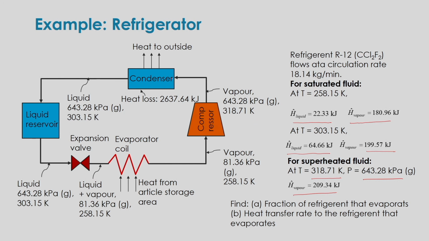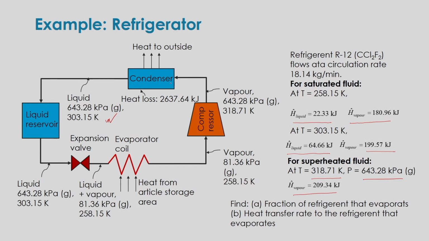After that it goes to the condenser, where the inlet condition is vapor and the outlet condition is liquid, with the pressure and temperature shown here in the slides.